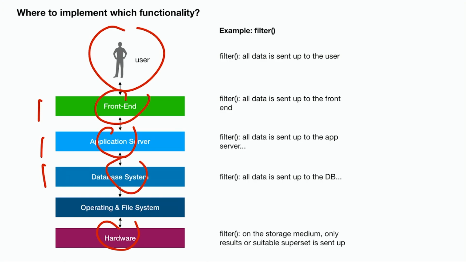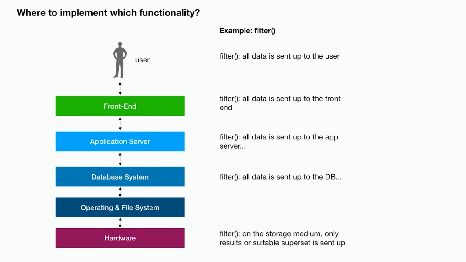For instance, the front end, depending how that works, maybe it's JavaScript, probably much slower than some native binary code in the database system. So that might be much slower. Yeah? So the idea, whenever possible, is to push down functionality as much down as possible, predicate pushdown.